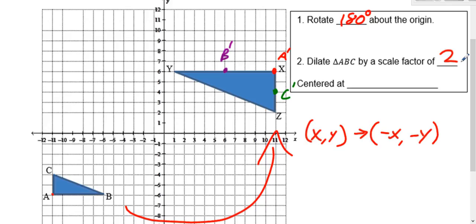And then anytime that you have a point that does not move, that's your center. If you didn't know what the center was, then you'd have to draw the lines that connect the image to the pre-image, and that would show you where the center is, which we'll see in a second. But this point remains unchanged, so it's going to be centered at, you could say A, you could say A prime, or you could say X, it doesn't really matter. You could also say the right angle, since that's a right angle there.